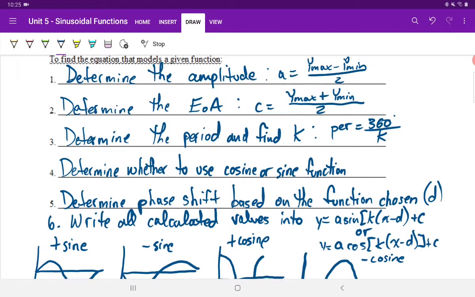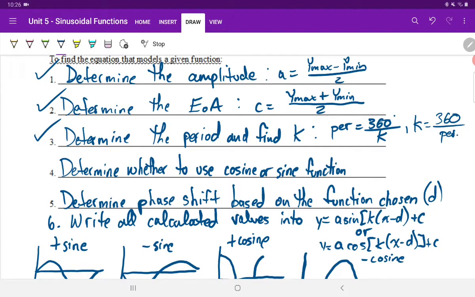If we were to summarize how to find the equation that models a given function, we would start by determining the amplitude, based on the question, the graph, or the information given. Then figure out your equation of axis, which is your c value, and then figure out your period, which will help you find k, because k is equal to 360 divided by the period.